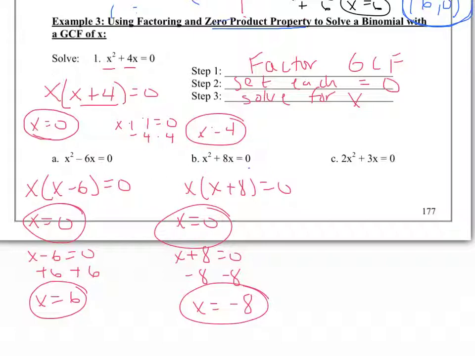In the next one, I do have coefficients here, so I want to see if I can also take out a number that's in common. But here I can't because it's just 2 and 3. So I can still only take out an x. I'll have 2x plus 3 left over. First term equal to 0, and second equal to 0.